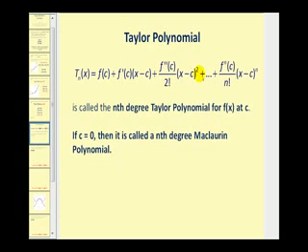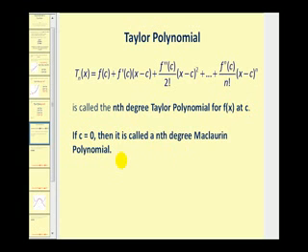For the degree 2 part of the polynomial, we're going to have the value of the second derivative evaluated at c divided by 2 factorial, and so on, all the way out to the degree n part of the polynomial, where we have the nth derivative evaluated at c divided by n factorial. And this is called the nth degree Taylor polynomial for f of x at any given value of c. And if c happens to equal 0, we can call this a Maclaurin polynomial.